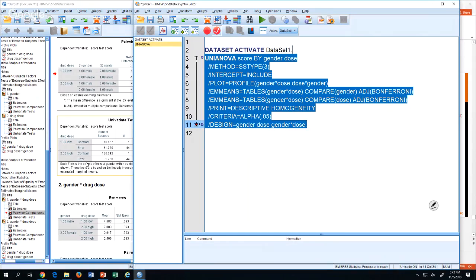Oh, enter first. And instead of gender on the second, we want dose. Now you can delete the first two and mean one. So you only have those two EM means. And then you might have to select it, but otherwise just one.